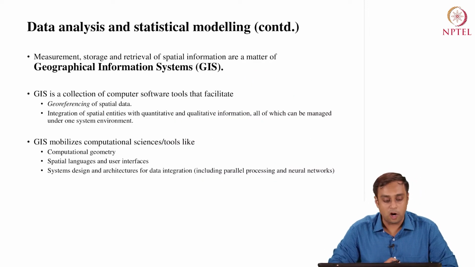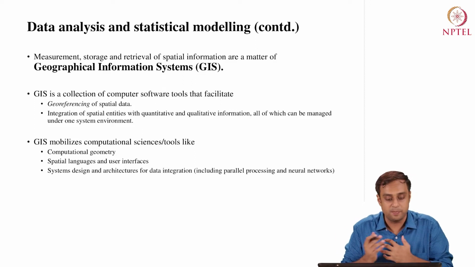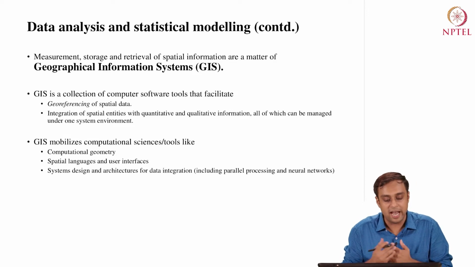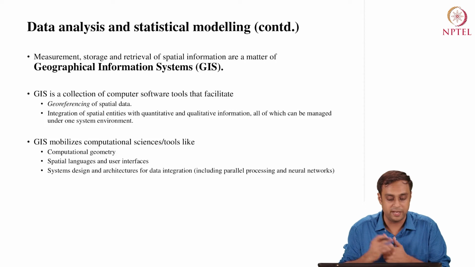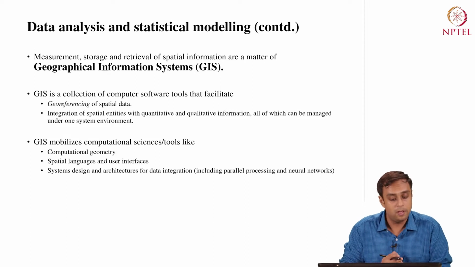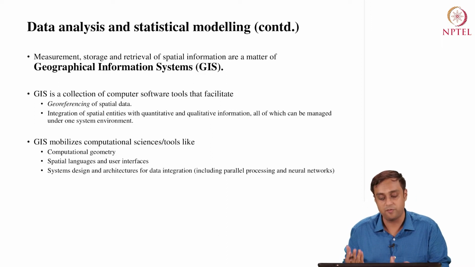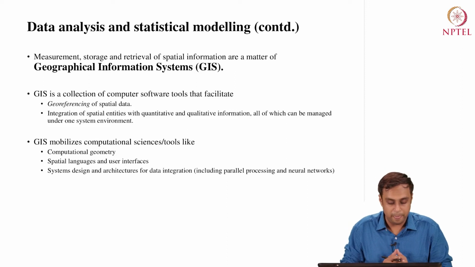So this is something we have talked about at length. One component of spatial data is measurement, storage, retrieval through the GIS system. GIS is a collection of computer software tools that facilitate georeferencing of spatial data. We understand these things now. It also facilitates integration of spatial entities with qualitative and quantitative information, and then all of that can be managed in one environment.